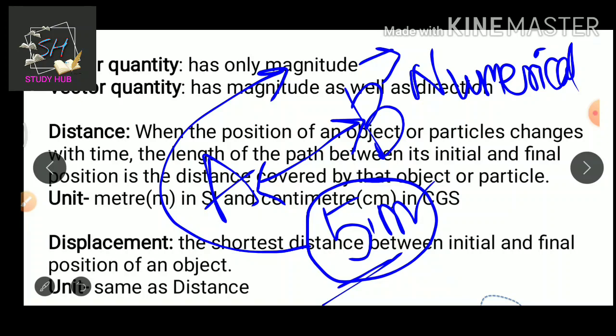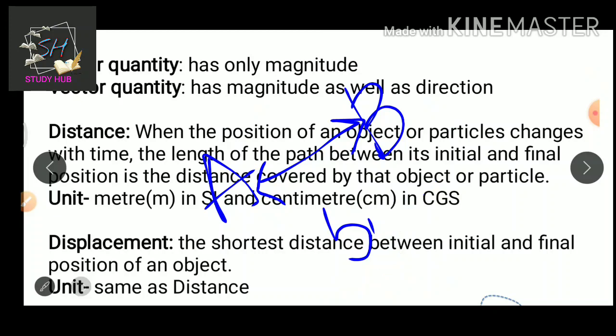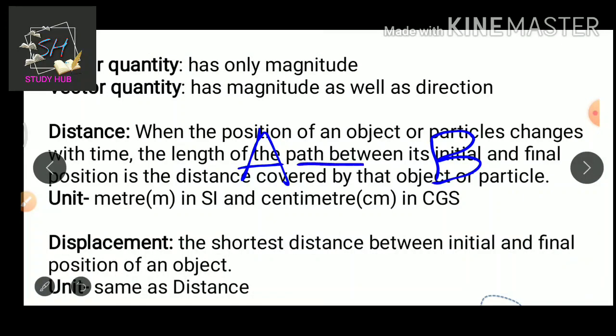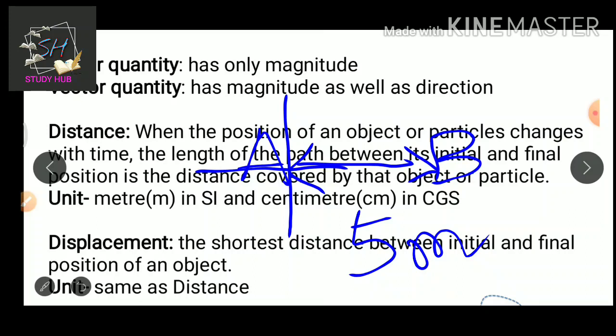Now what is displacement? If we draw the direction signs here, let's take a fresh diagram. Suppose here A and here B. If we draw a path between A and B which was 5 meter, but if we want to find the direction, then we are drawing north, south, east, west.